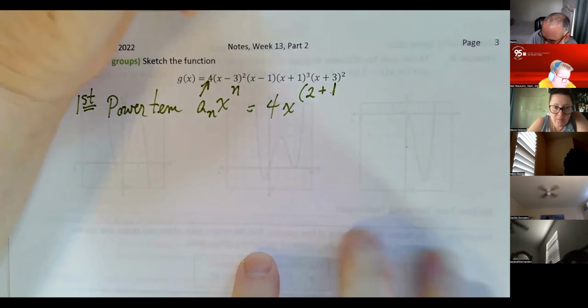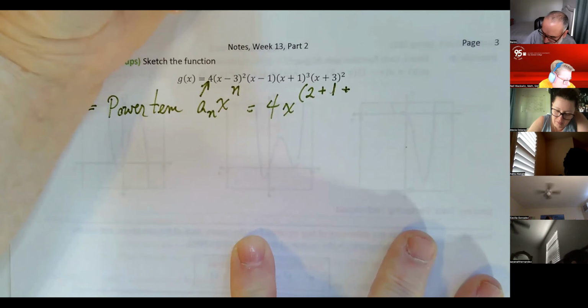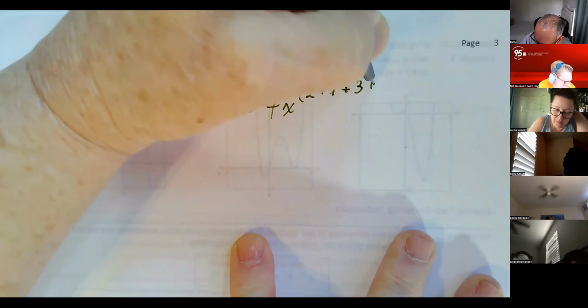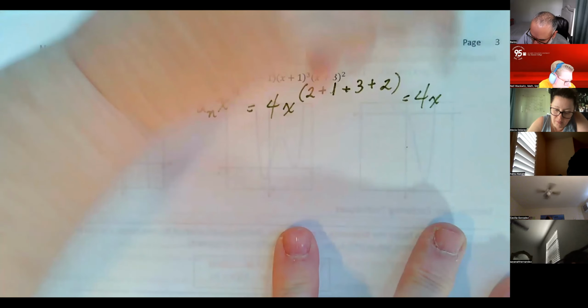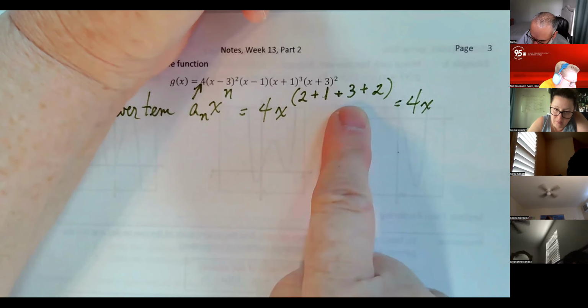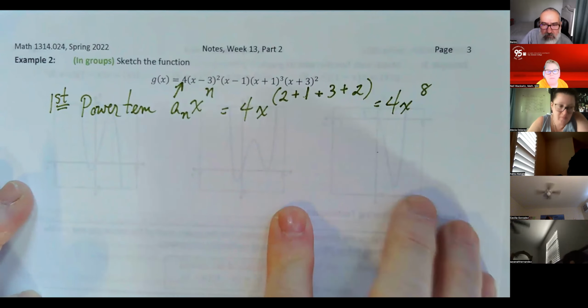Good. And the factor x plus 1, what is its exponent? 3. Good. And the factor x plus 3. 2. So our power term is 4x, let's see, 5, 6, 7, 8. 4x to the 8.